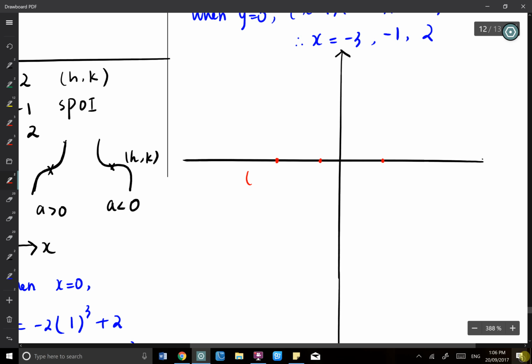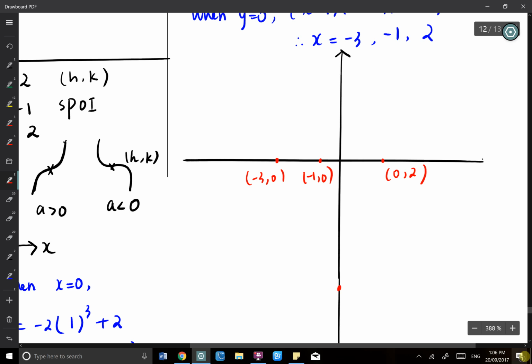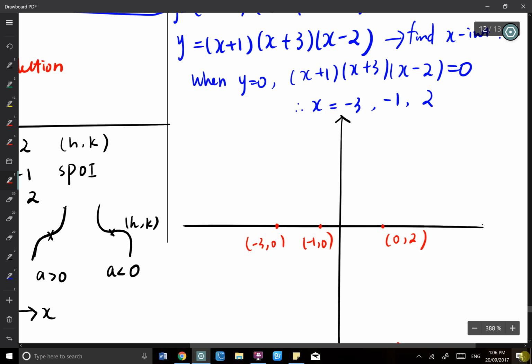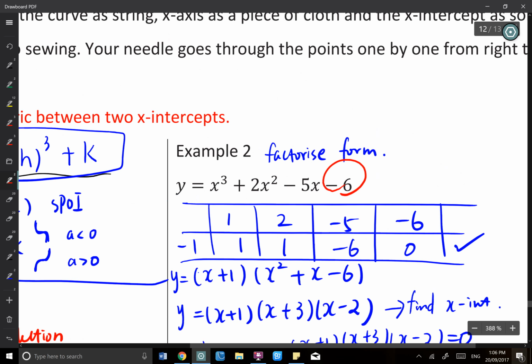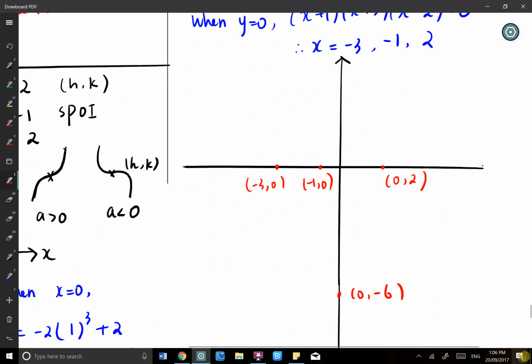So we have (-3, 0), (-1, 0), and (2, 0). And also I should have the y-intercept at (0, -6). Why (0, -6)? Because that's the constant here. You sub 0 into the function, you have y equals -6. So I should have -6 here.